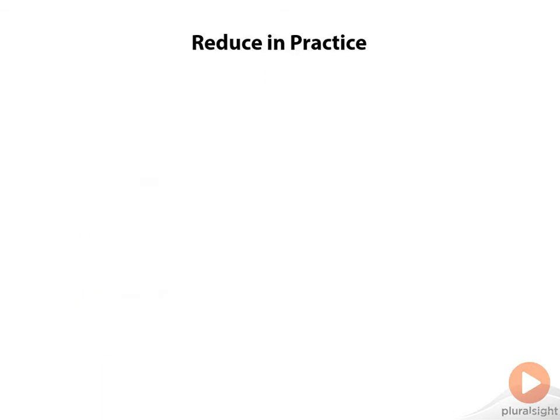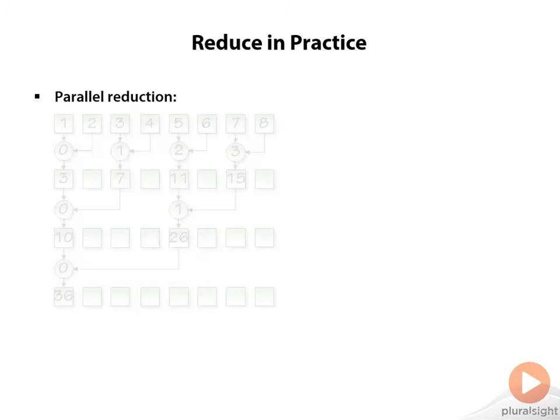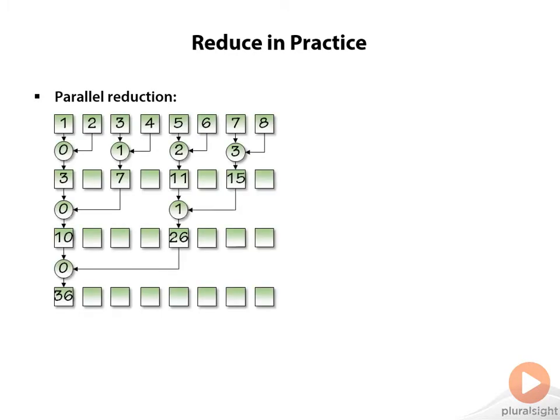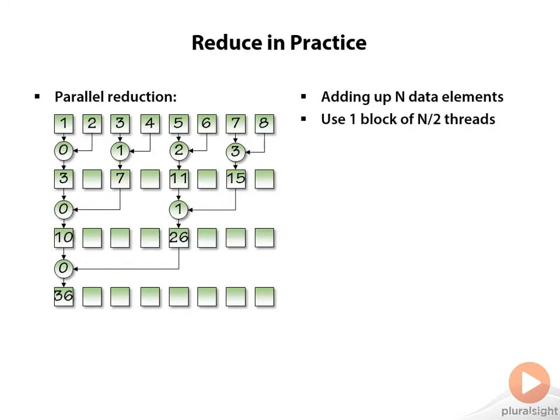So in practice, the parallel reduction on the GPU would look something like this. Now, I know this looks a bit complicated. Let's go through this and actually discuss what's going on. So we're adding up n data elements, and for this example, I'm using one thread block of n over 2 threads.